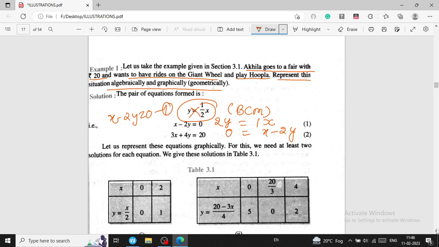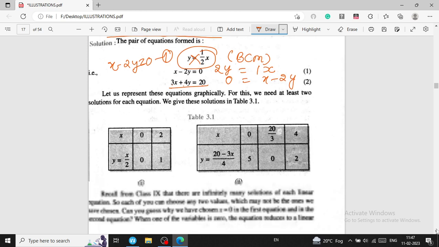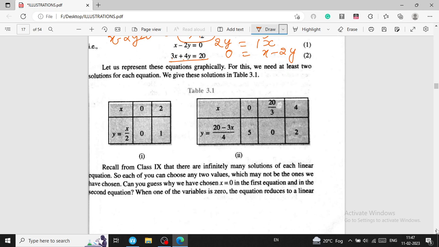This is your first equation. The second equation is made from this statement in this example: 3x plus 4y is equal to 20. Now next, you can see illustration 3.1 from your book and make these statements.